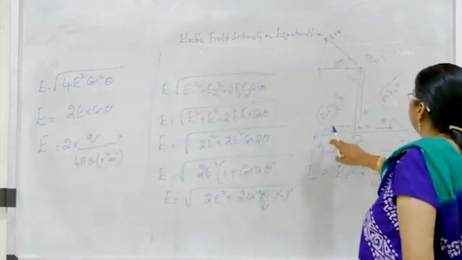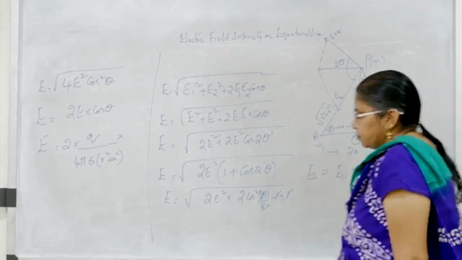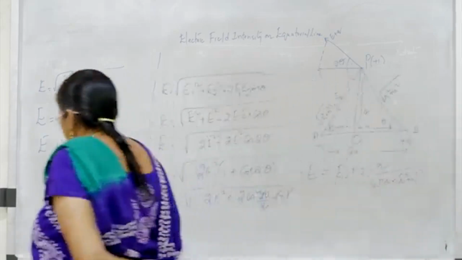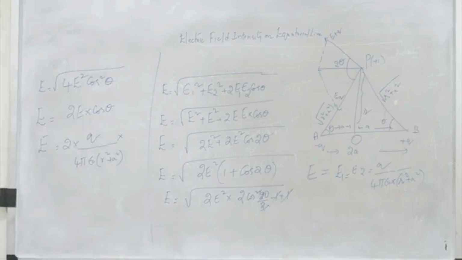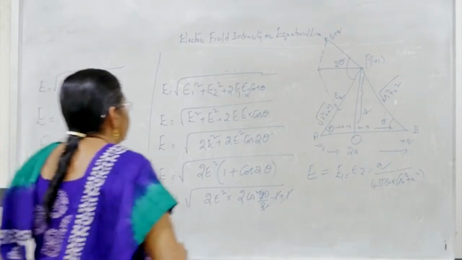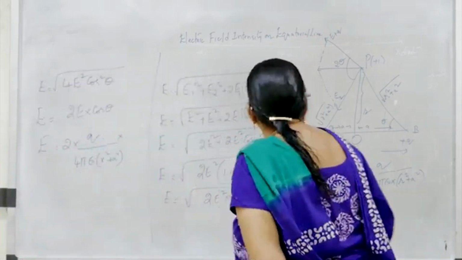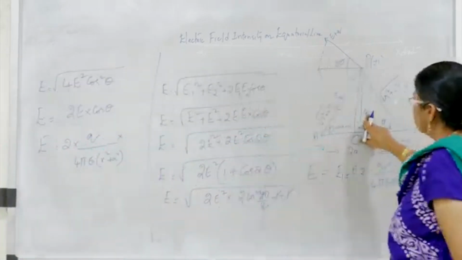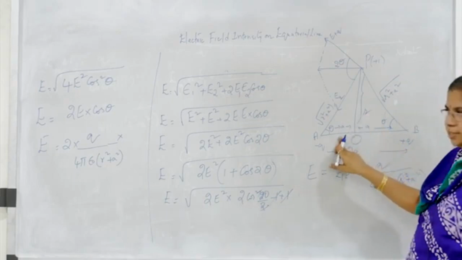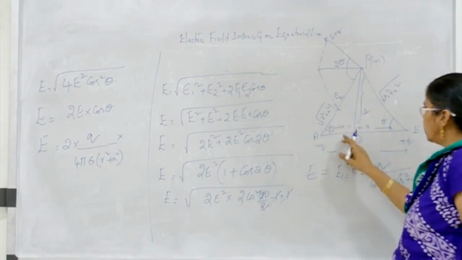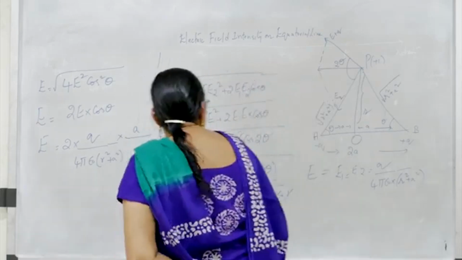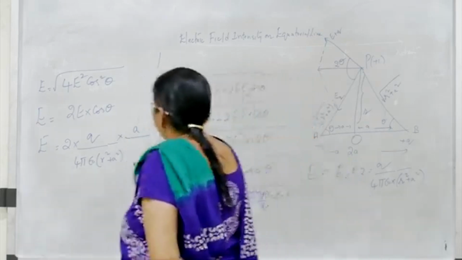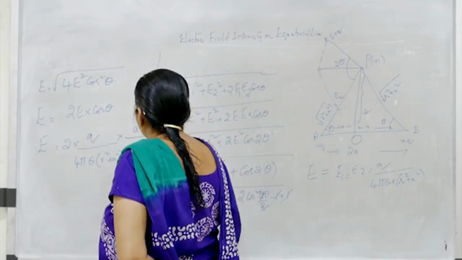So this is theta. This becomes the opposite side, this the adjacent side, and this the hypotenuse. So cos theta is equal to the adjacent side a, upon the hypotenuse, root over r square plus a square.